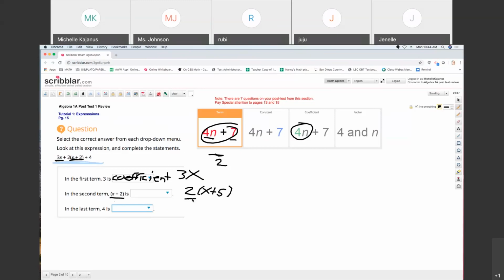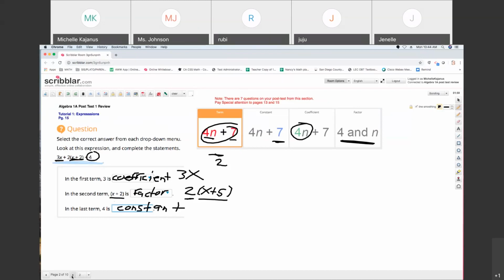Two things that are being multiplied to each other are factors. This would be a factor. The last term, 4, is there by itself. It has no variable, just a constant. Make sure you review the vocabulary, and you'll be good with this type of problem.